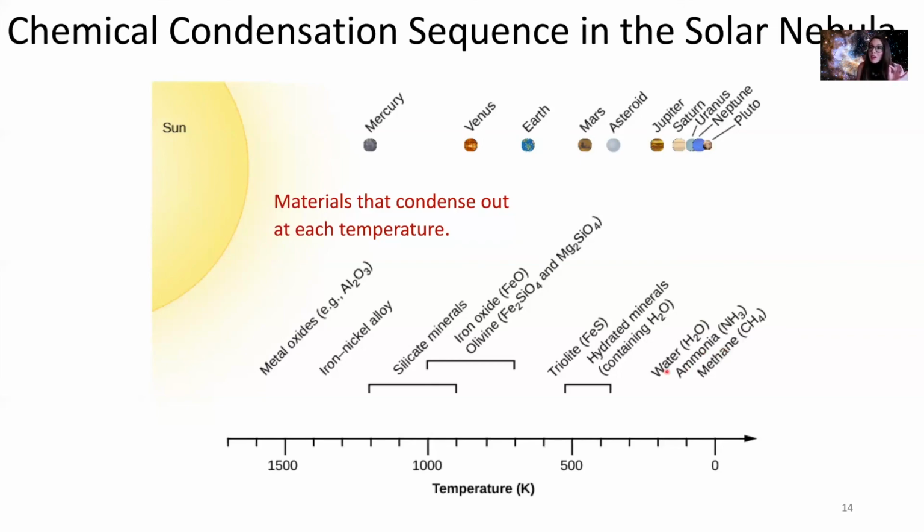And so out here, out where we have Uranus, Neptune, Pluto, you can have ices in the form of water, ammonia, and methane that can condense onto those planets too. So we've got our inner rocky planets. We've got our Jupiter and Saturn, which are what we call gas giants. And then we have Uranus and Neptune, which are icy giants.